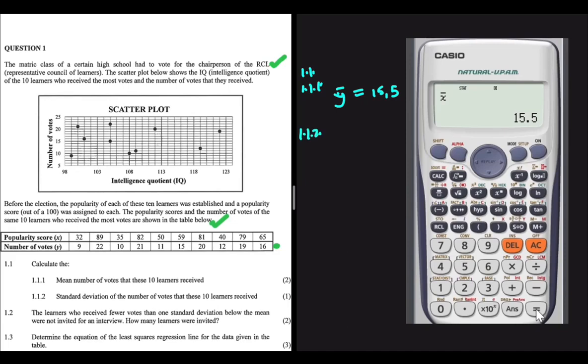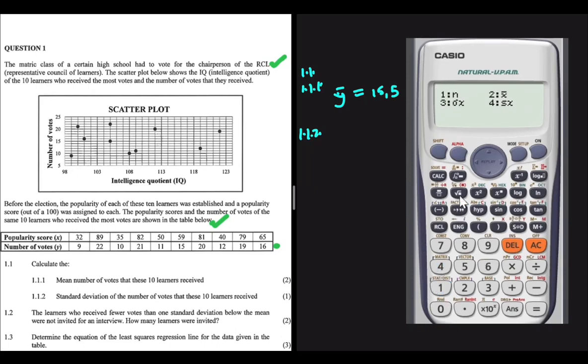1.1.2, we're looking for the standard deviation of the number of votes that these learners received. So let's go ahead and find the standard deviation. We're going to press AC. We've already entered our data, so we don't have to tamper with it or enter it again. So shift 1, and then we're going to choose option 4.